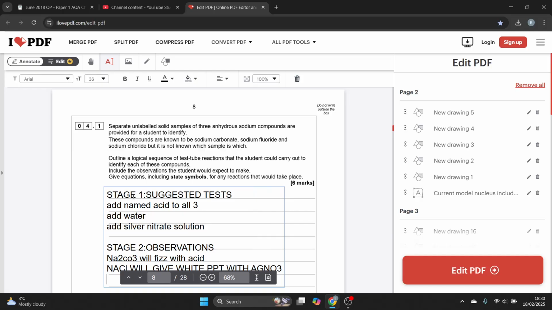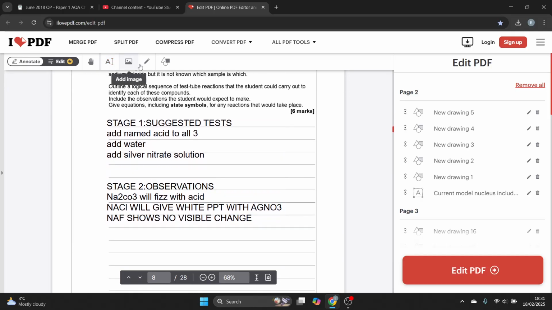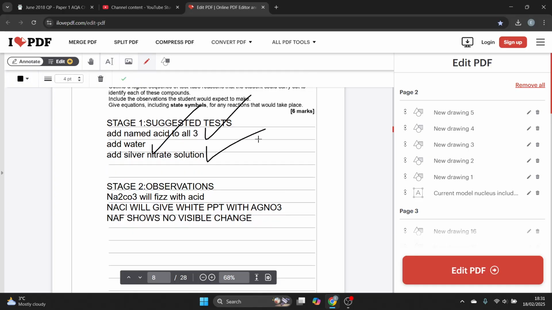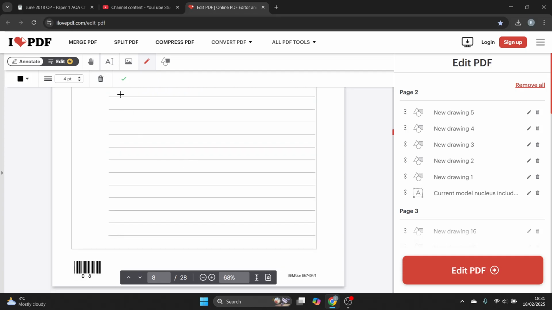And then the final one, sodium fluoride, shows no visible change. So add named acid to all three, add water to make into solution, add silver nitrate solution. Sodium carbonate will fizz with acid. Sodium chloride will give a white precipitate with silver nitrate solution, and sodium fluoride shows no visible change.